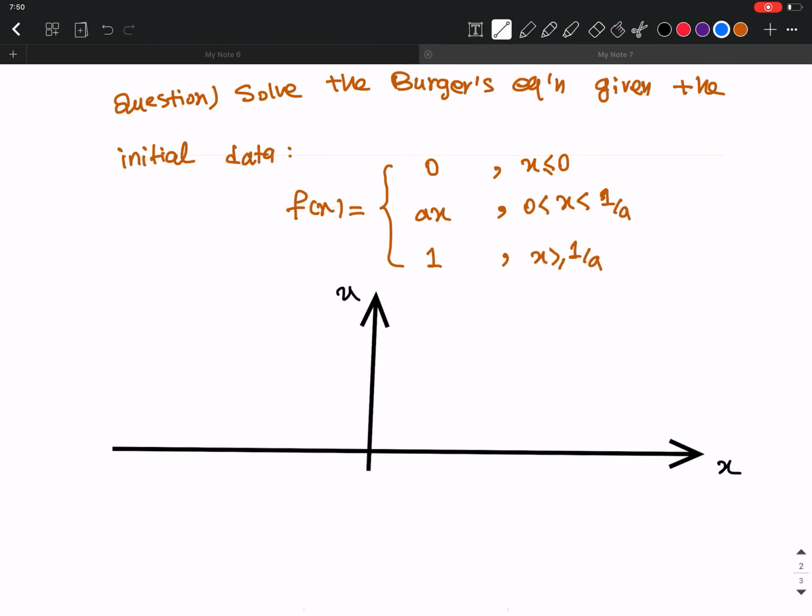So when x is less than 0, u is 0, right? So this is going to be my line here.